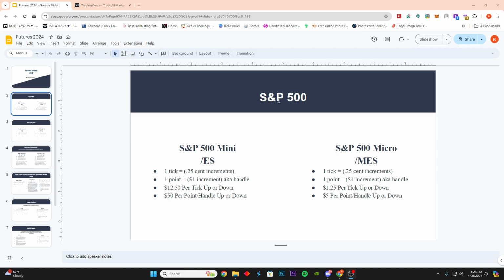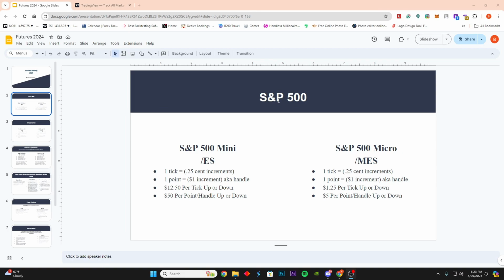Now looking at the S&P 500 micro, which is still the same thing. It represents the same price, it is just a 10 times smaller scale when trading. The symbol for this is /MES. It's the same for the tick value: every 25-cent increment represents a tick, and every point represents a dollar increment.